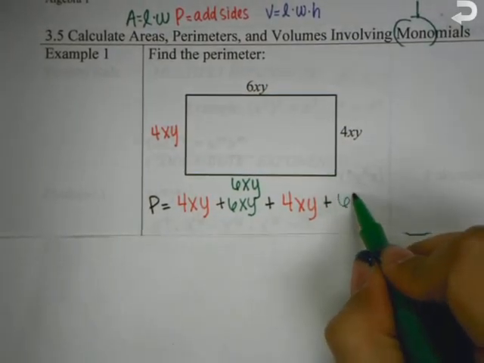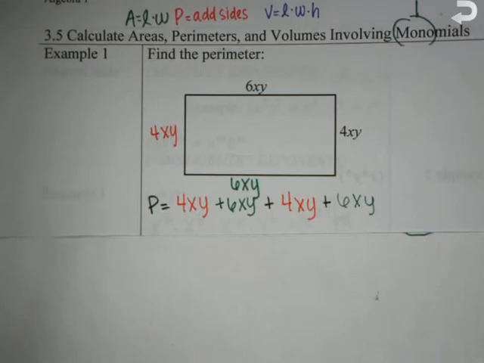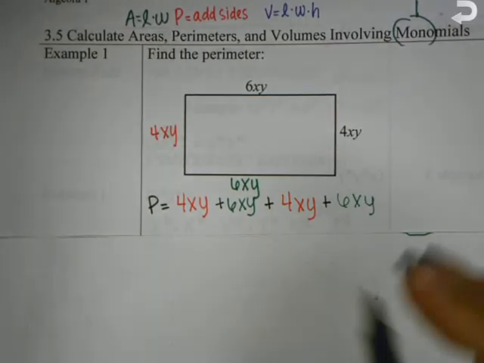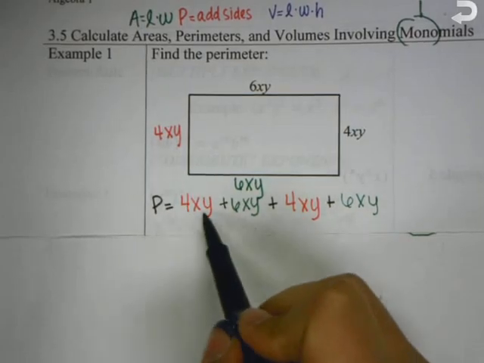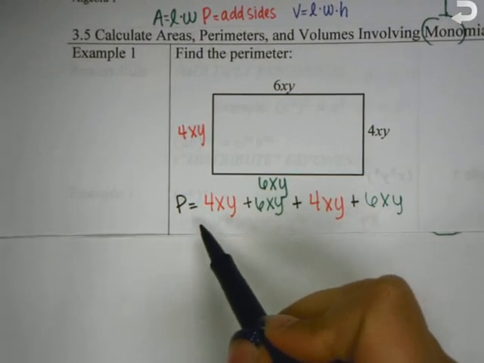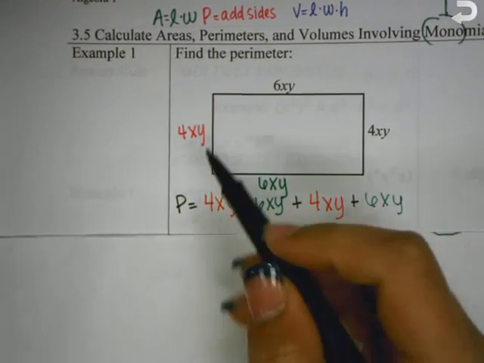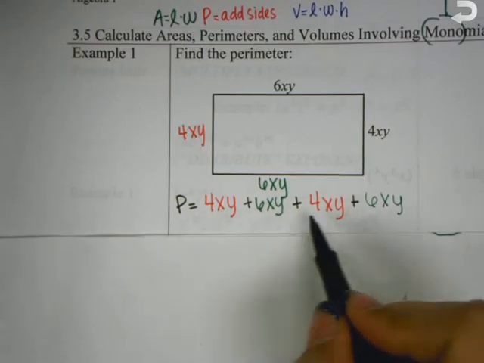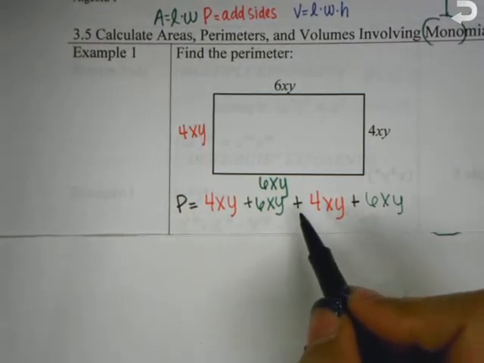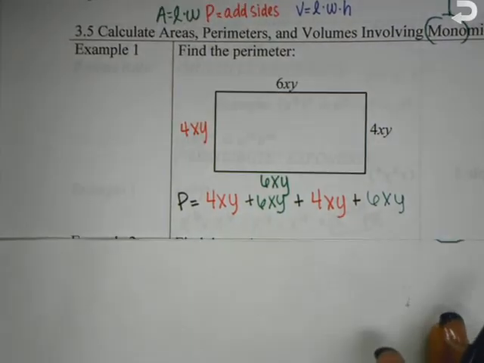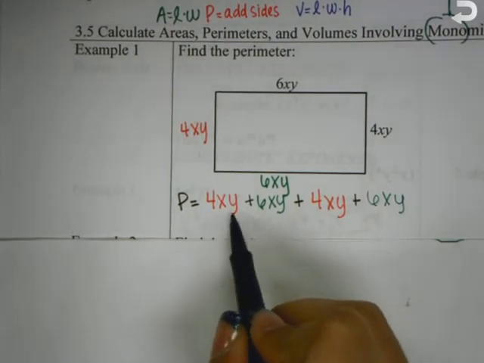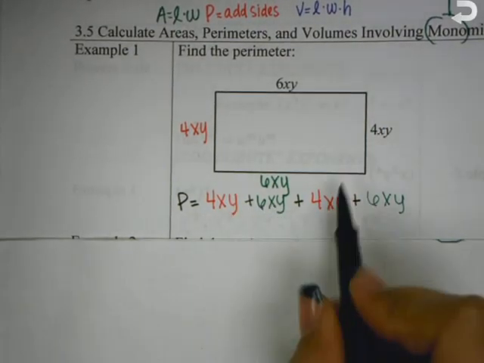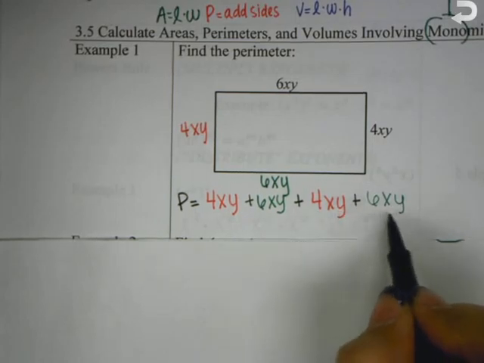Okay, now my entire problem is adding. So, am I going to be multiplying the exponents at all? No. Am I adding the exponents at all? No. We're just adding. It's the same as combining like terms. What are my like terms here? I have 4xy, 6xy, 4xy, 6xy. Are all of these like terms? Yes. Why?